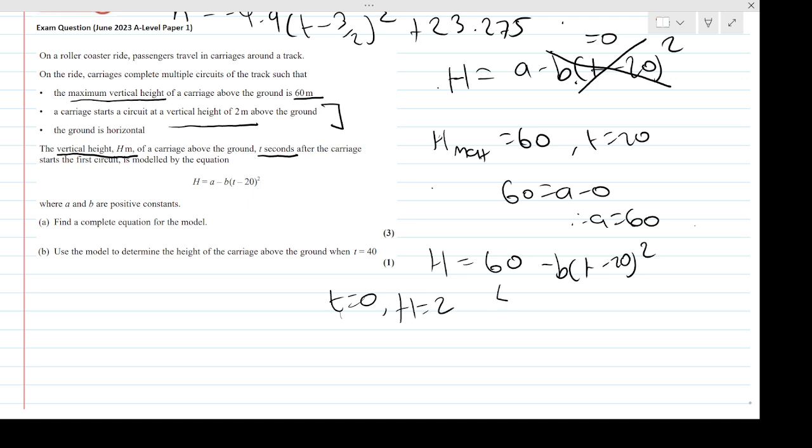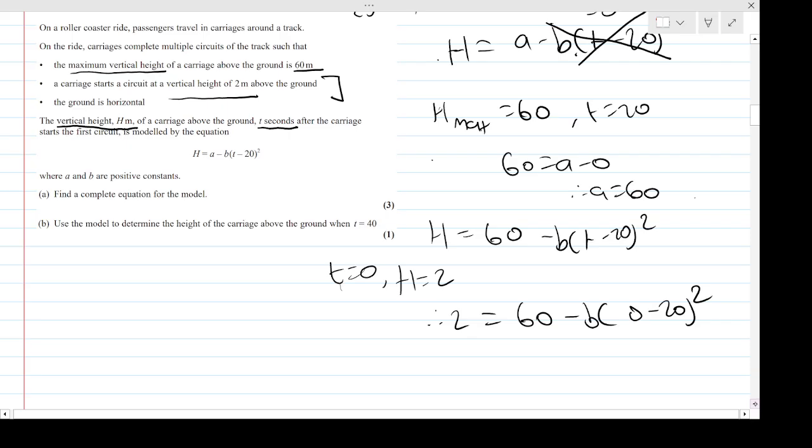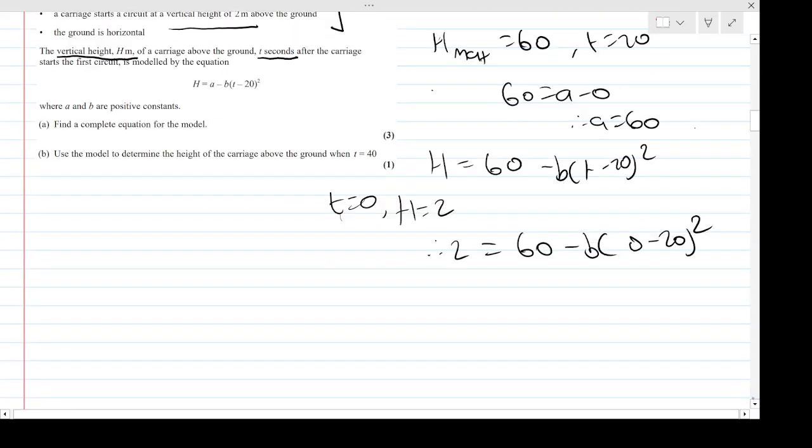We can substitute these values into this formula, so 2 is going to equal 60 minus B lots of 0 minus 20 squared. First we work with the brackets: 0 minus 20 is minus 20, all squared, that'd be 400.